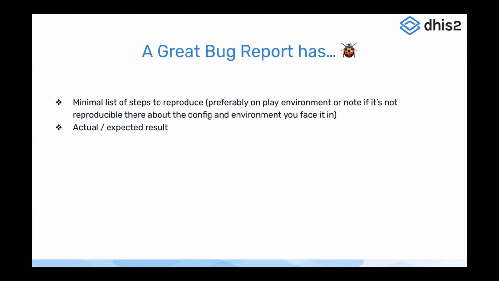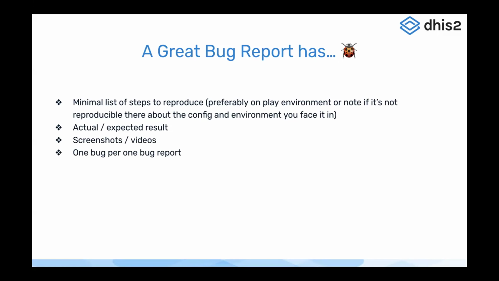So for us to know what you expected and what is the actual result really helps. Screenshots, videos, so then we see what happened, right? Because it's very easy to just assume or think, okay, this looks good, especially if actual and expected result is a little bit fluffy.